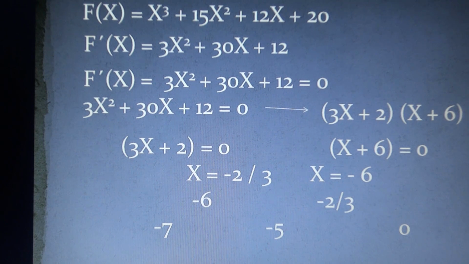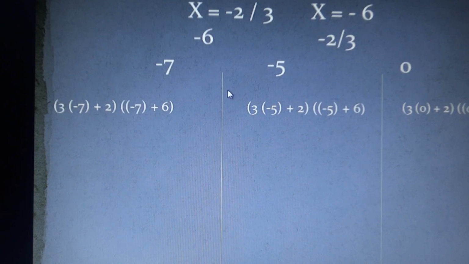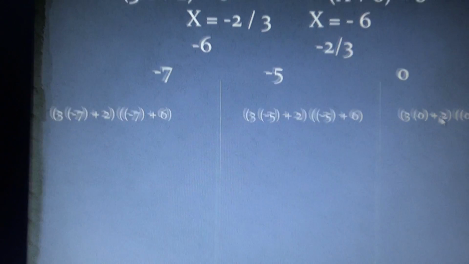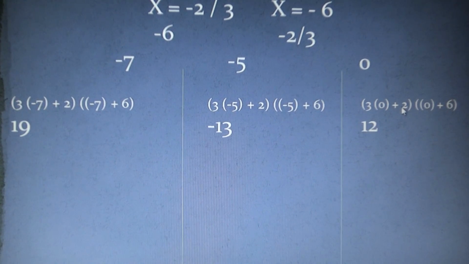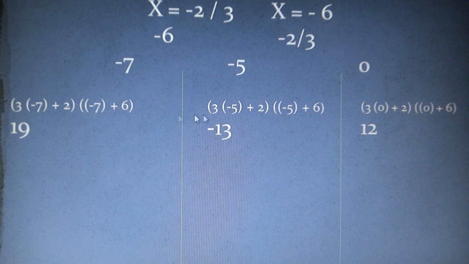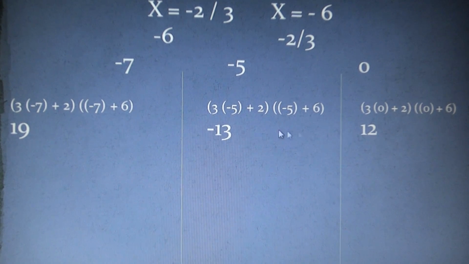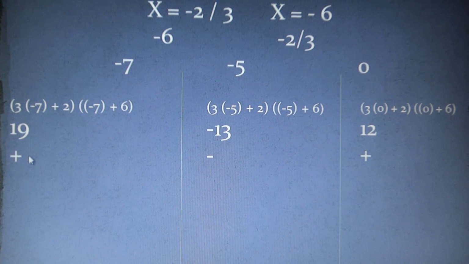Now we plug these numbers back into the equation, not the original equation, but the derivative equation. I put in -7, -5, and 0. The answers will be 19, -13, and 12. That means 19 is positive, -13 is negative, and 12 is positive.